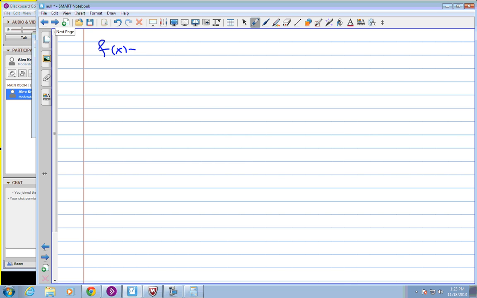So f of x is x cubed, x plus 2, x minus 3 squared. So I'm going to make a little table, list of zeros and multiplicities. So what are the zeros of this polynomial? The first one. What's the multiplicity of 0? 3.